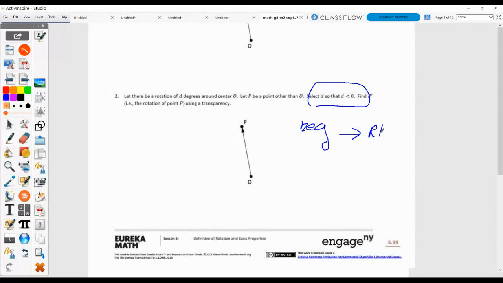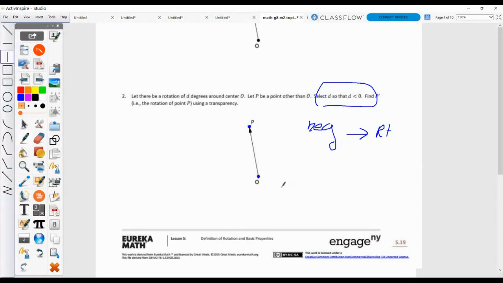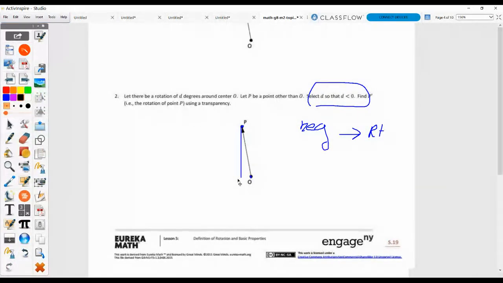Okay, so we're going to go ahead and again put our transparency on here so we can trace our line the way it is. Okay, we're going to put our point on there, and then we can go ahead and draw our line. We're going to rotate that line, or I'm going to rotate the line.